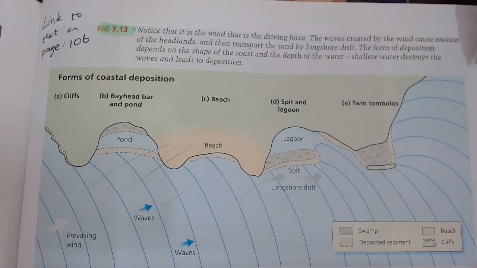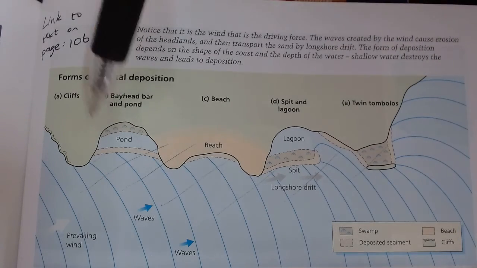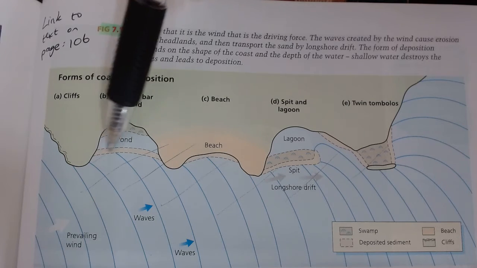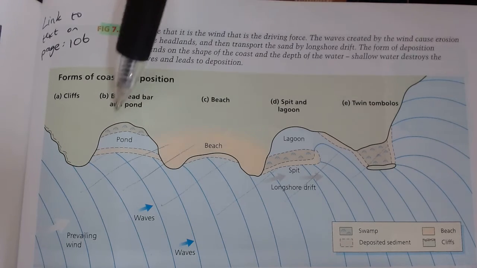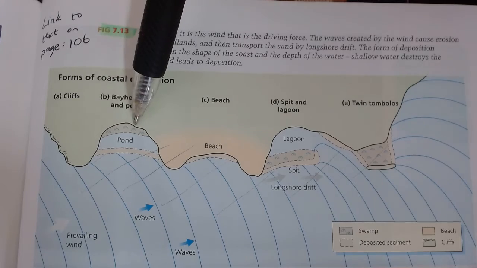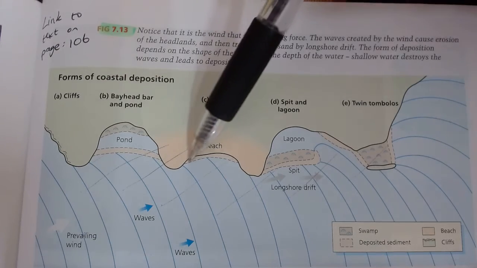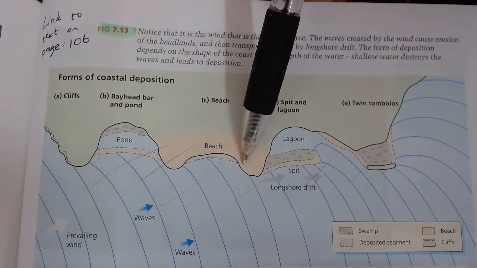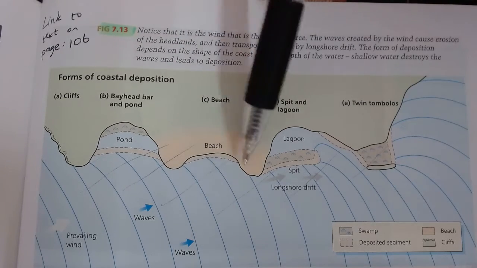You can get a deposition of sand out here like a sandbar, which can actually connect the whole thing up and leave a lagoon behind it, which will eventually turn into land. Here's just where we get our beach, and remember, it's trapped between two headlands.